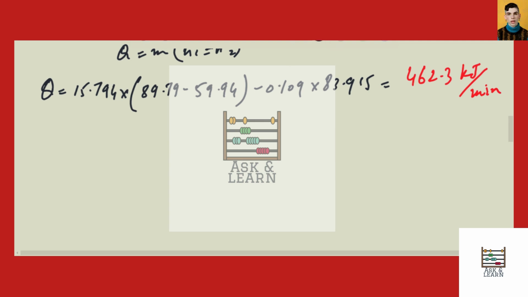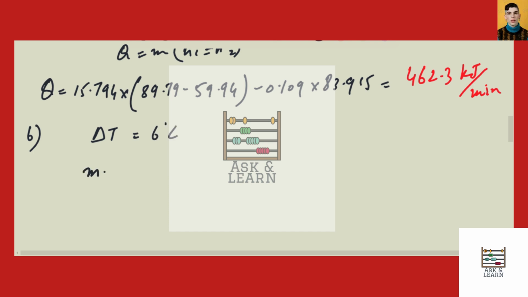So now we move on to part B. From the calculated heat transfer rate, we can calculate the mass flow rate of the cooling water, MC. For the calculations, we will need the given temperature difference, that is delta T, which is equal to 6 degrees centigrade.